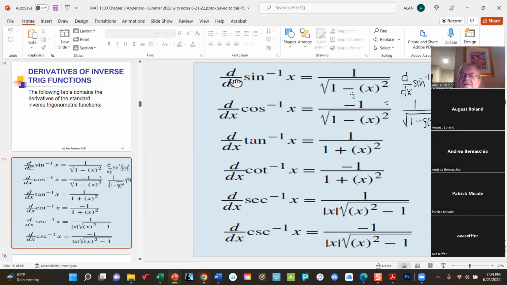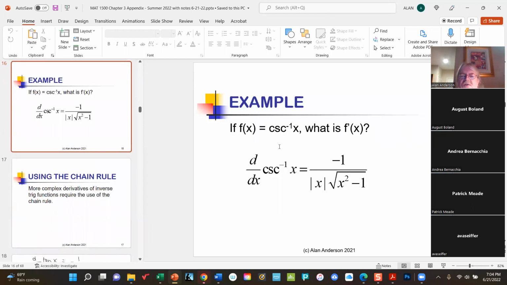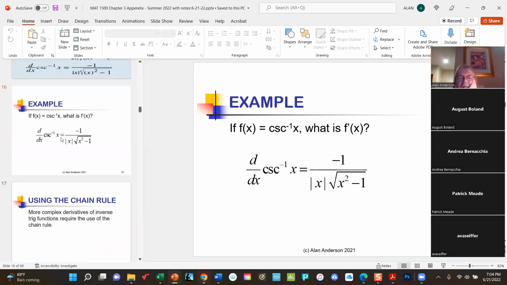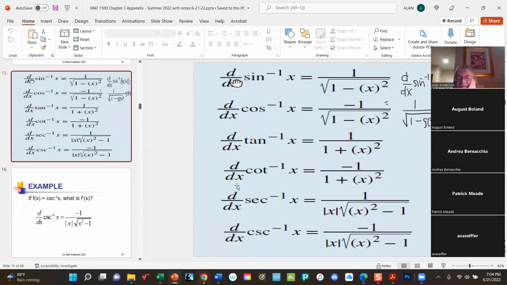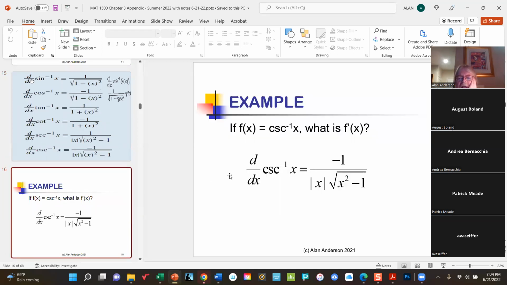So just remember, the table is just for x itself. As soon as we get to a more complicated function, we have to account for the chain rule. Like here, this is just a straight-ahead application of what's on the table. All you have to do is look up the derivative of the arc cosecant from this table to get your result, and then you're done.